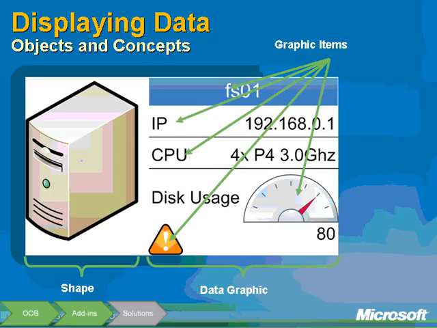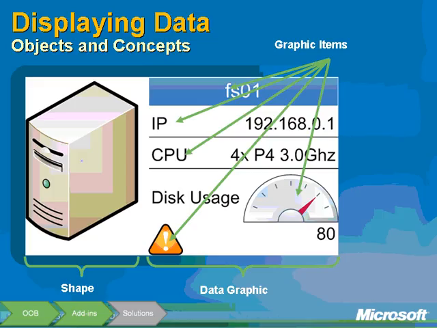The last concept I want to talk about is displaying data. This is what we showed you in the user interface. All of these individual items are individual graphic items. You can see this title here, this FS01, this IP. These are what we call text items. This is a data bar, the little widget that we showed you before. This is an icon set.